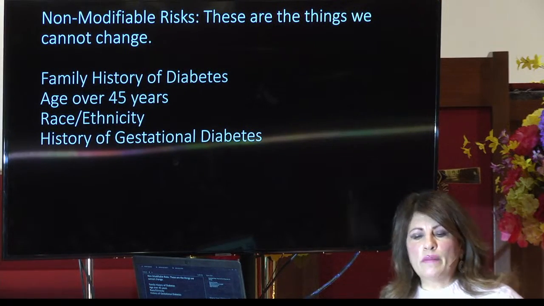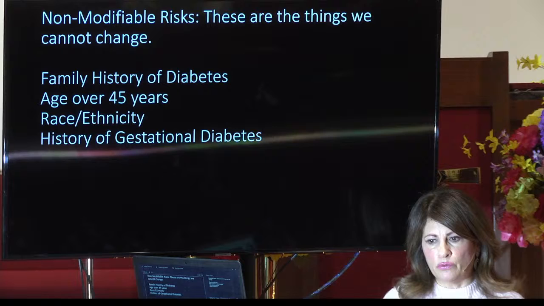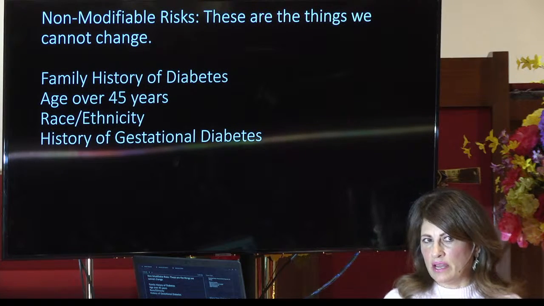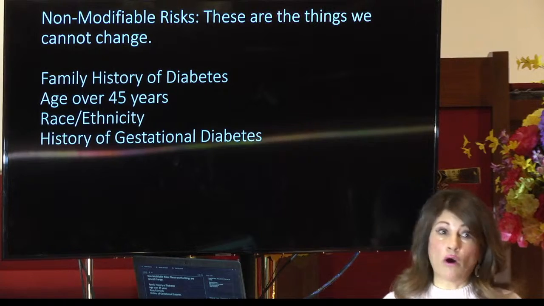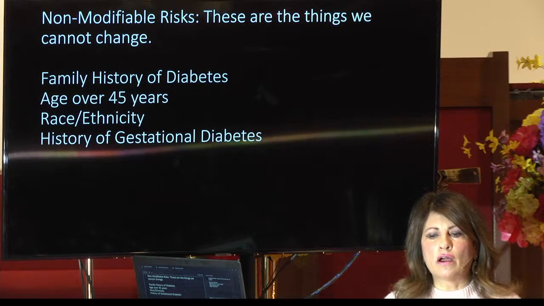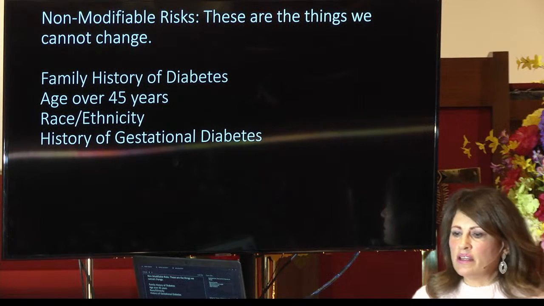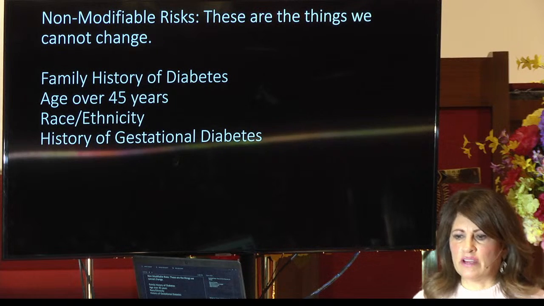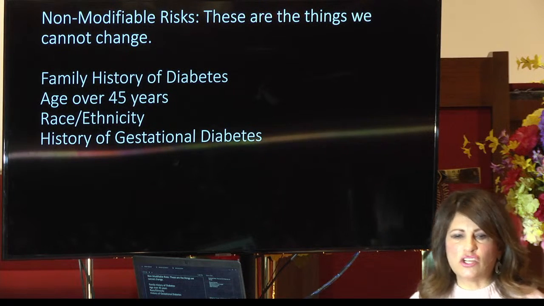So we talk about what can we do to change risks. Maybe you are a diabetic. Maybe you're not. But there are what we call non-modifiable risks. These are things we cannot change. We can't change our family history of diabetes. We can't change our age.